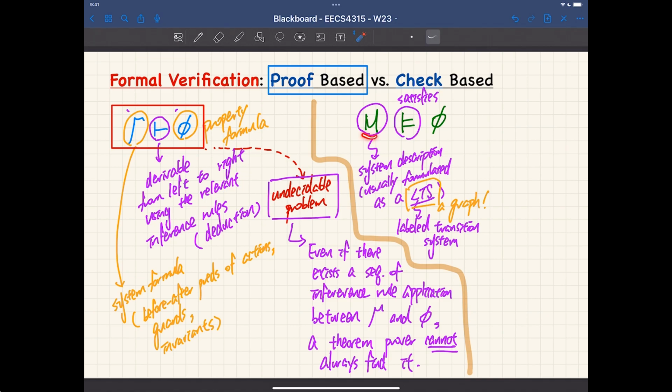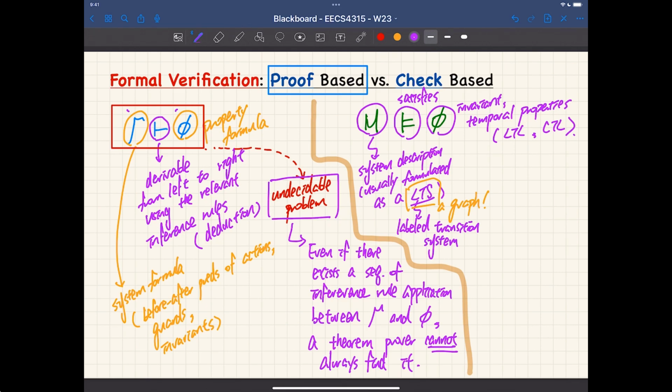Whether or not the model we're building with certain restrictions, remember how we create a model in TLA+, satisfies this particular formula, which tells you the property, which can be either a predicate property, for example an invariance, or a temporal property. And of course, in this course, we'll first look at LTL, and then we'll look at CTL. We'll look at both.